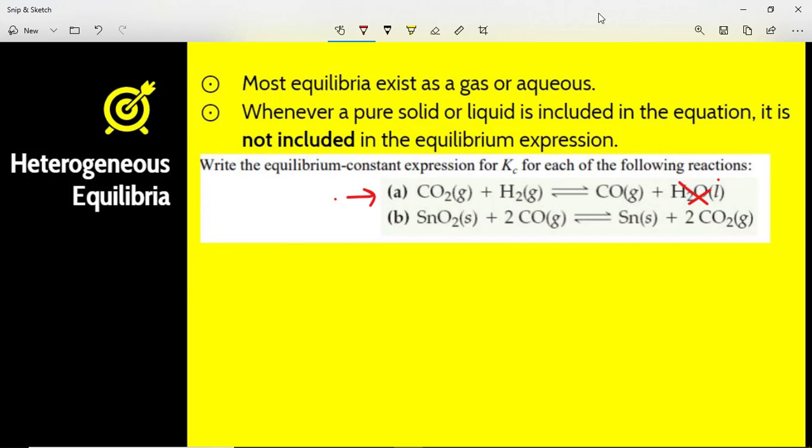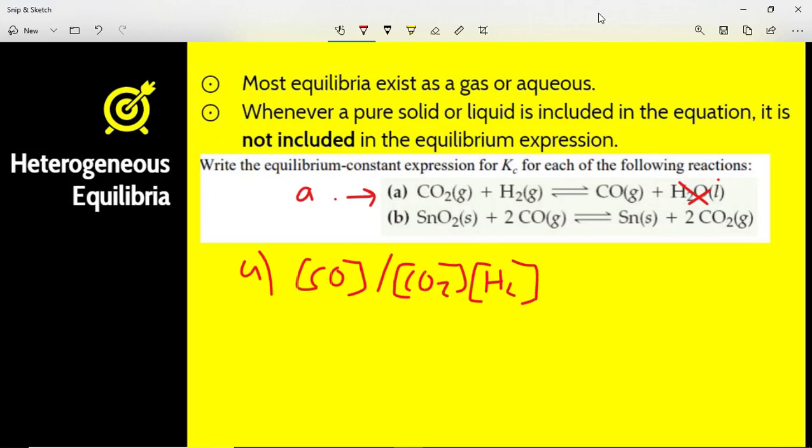So for this one, we'll call this A. Remember that it is products over reactants, so the concentration of CO divided by the concentration of carbon dioxide and hydrogen gas. Okay. For B, same concept here. We're going to eliminate anything that is not a gas or aqueous.